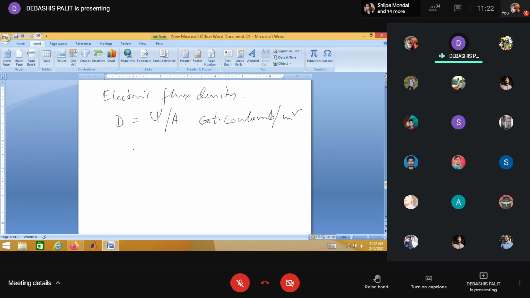So whenever you consider the relation between D and E, E is the electric field intensity and D is the electric flux density. So if you consider a positive charge Q and a point P at distance d, you are considering a point P.